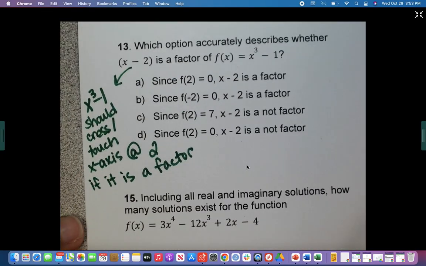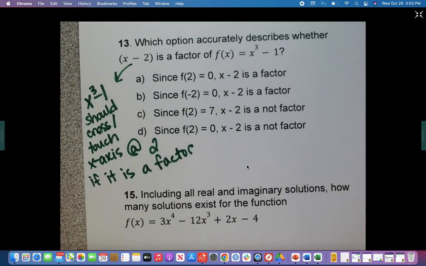So x to the third minus 1 should cross or touch the x-axis at 2 if x minus 2 is a factor or not. So let's graph it and see.